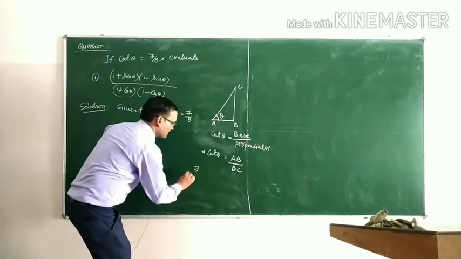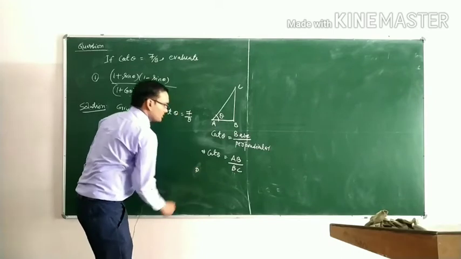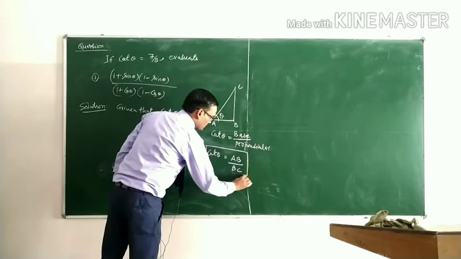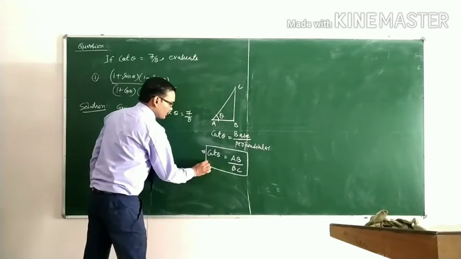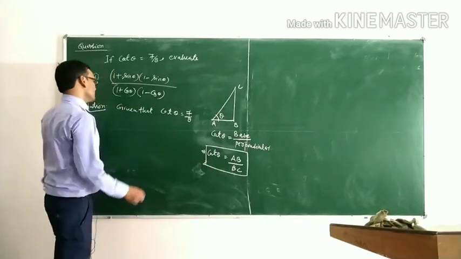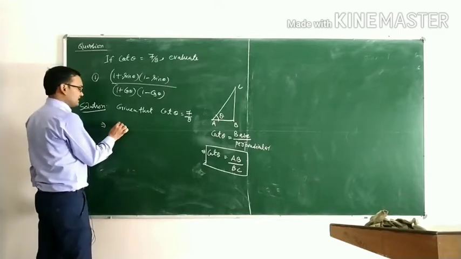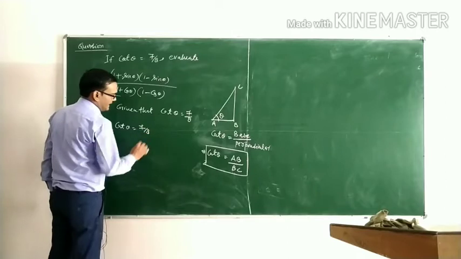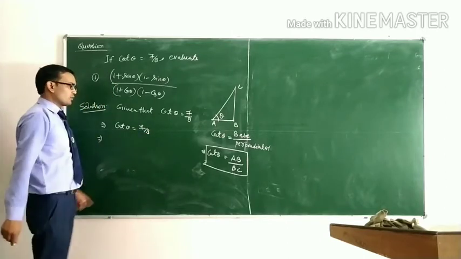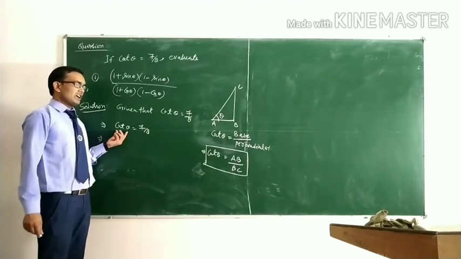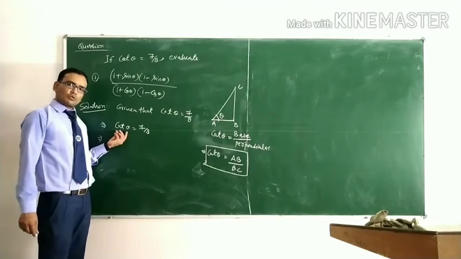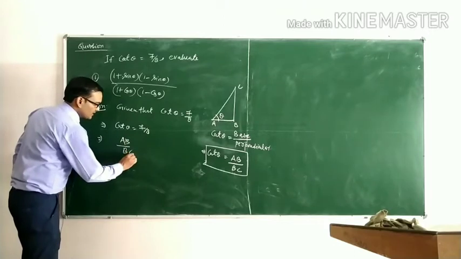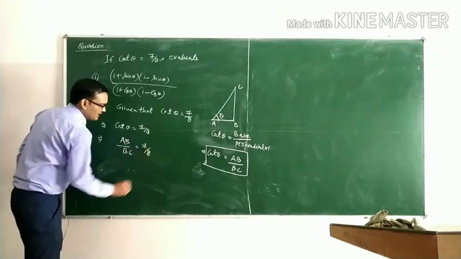This implies cot theta equals AB upon BC, which equals 7/8.